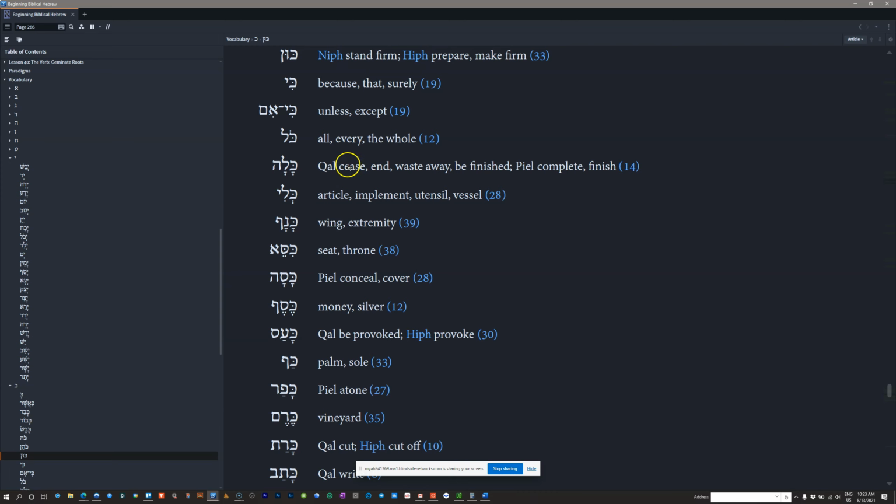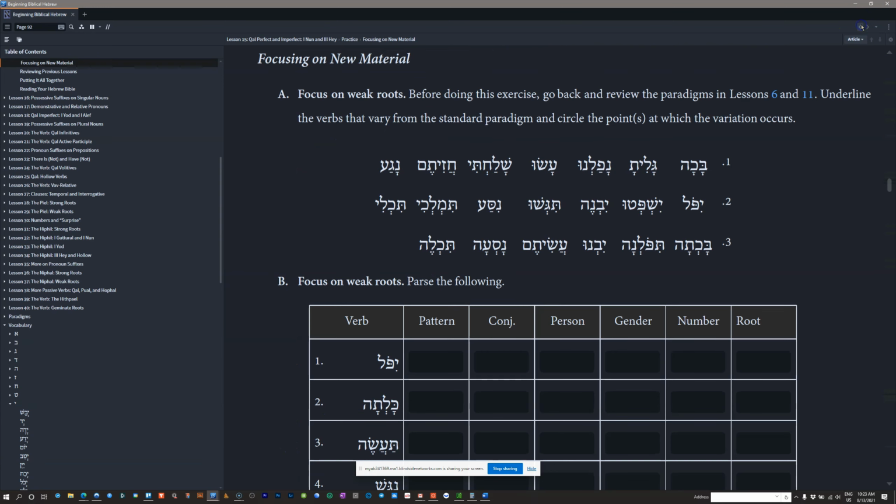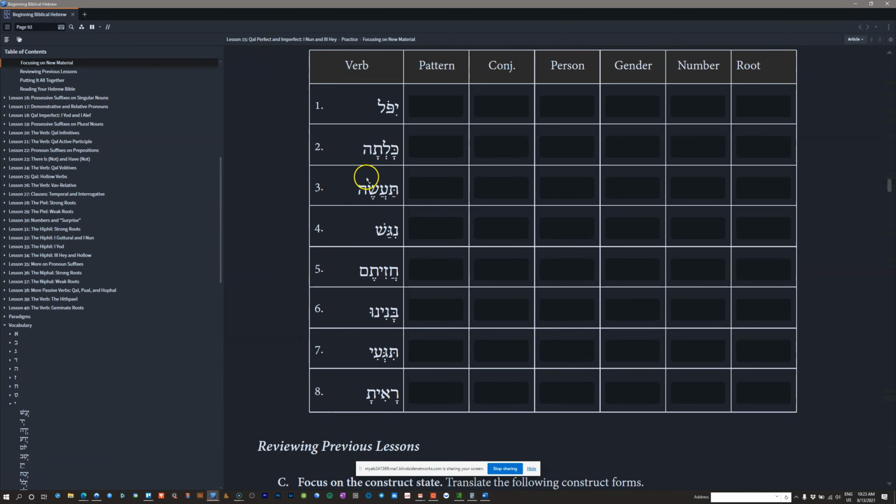Rested is a different word, but he ceased from the work that he had done. This is the word kala. All right. So with kala, if kala means he ceased, then ka latah is going to mean she ceased.